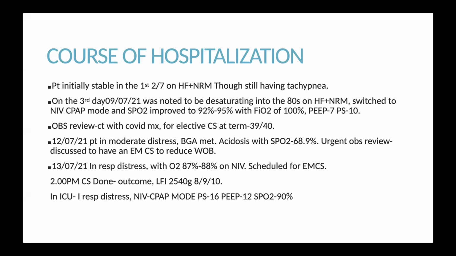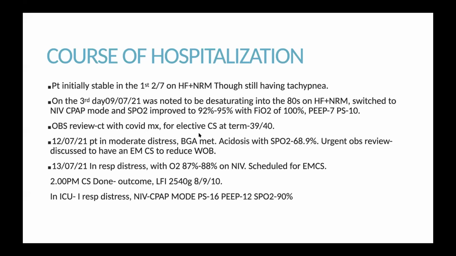So on the 12th, she went from mild distress into moderate distress. Her BG was showing a metabolic acidosis, with pH going down to 68.9. So we made an urgent obstetrics review, and had a discussion even with the HOD, and it was decided to have an emergency CS to reduce the work of breathing.